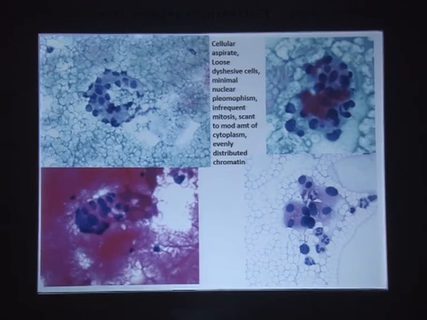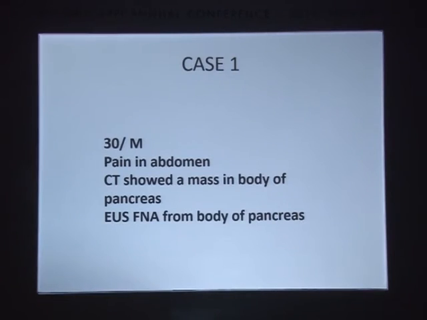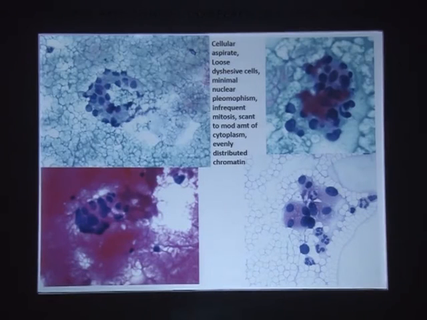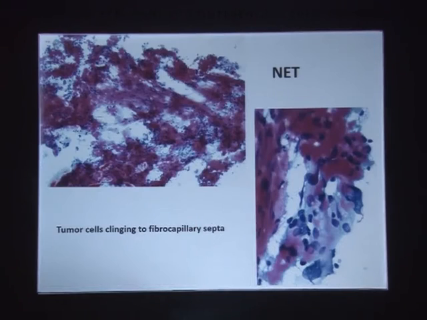But if you notice carefully, the cells did show some fine speckled chromatin. So we rendered a diagnosis of neuroendocrine tumor.